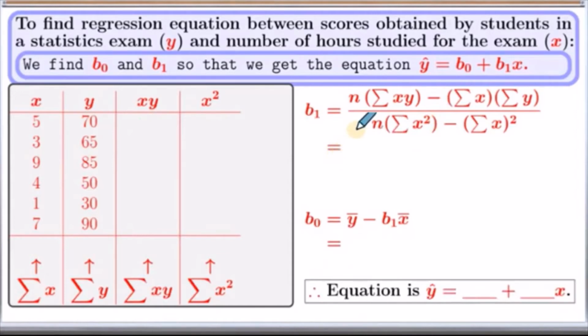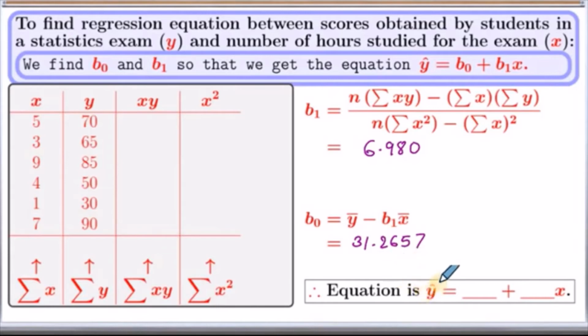Now let me write down the values for B1 and B0. From the previous slide, we know B1 equals 6.980 and B0 is 31.2657. Now, once we have the value of B1 and B0, we can easily put it into the equation.